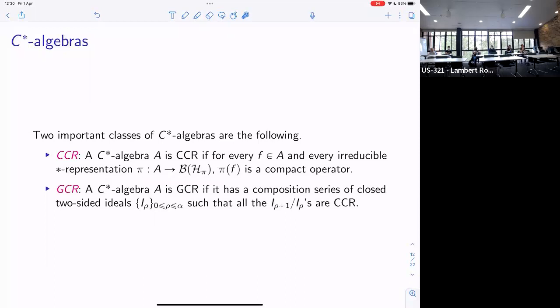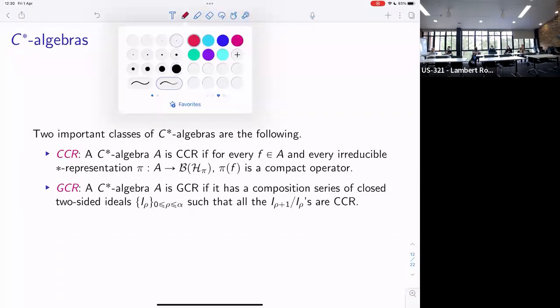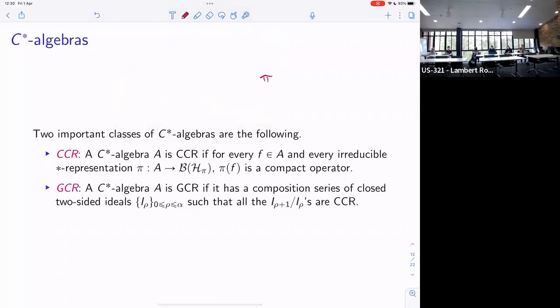And a compact operator is an operator that can be approximated by operators that have finite dimensional range. And so the CCR C-star algebras are ones such that the image under every irreducible star representation is contained in the compact operators on that Hilbert space. Those are the CCR C-star algebras.